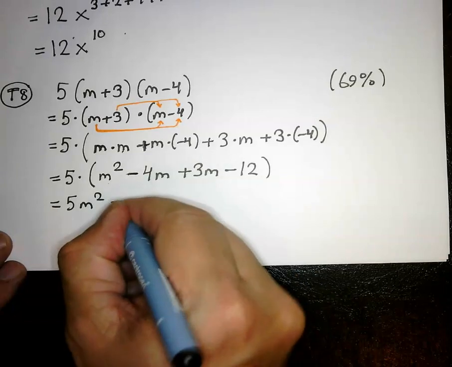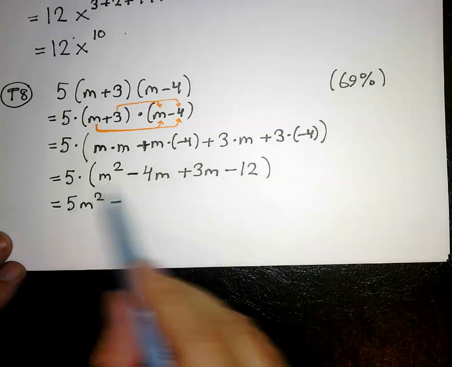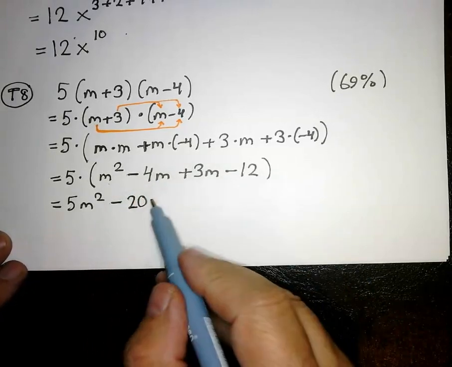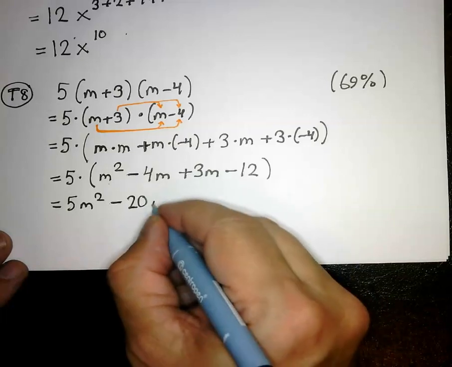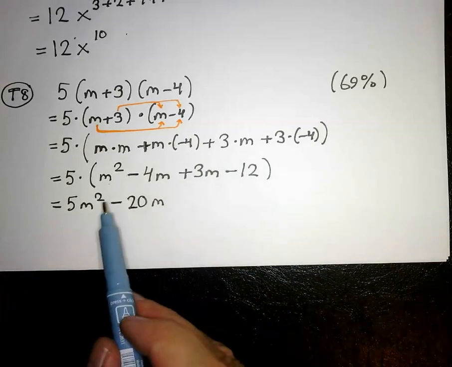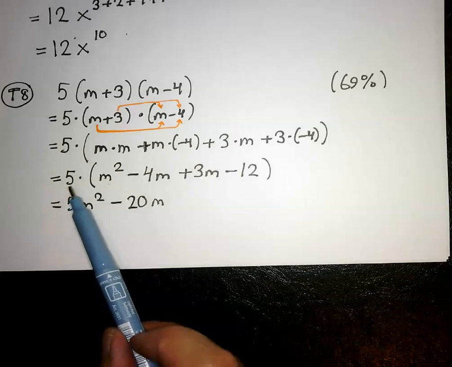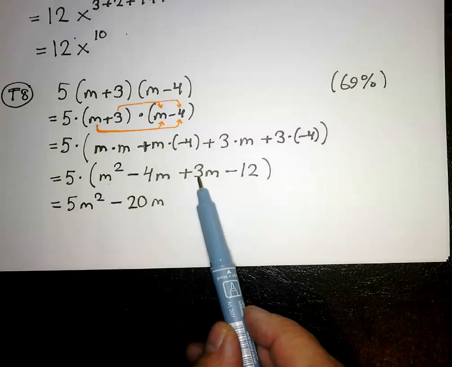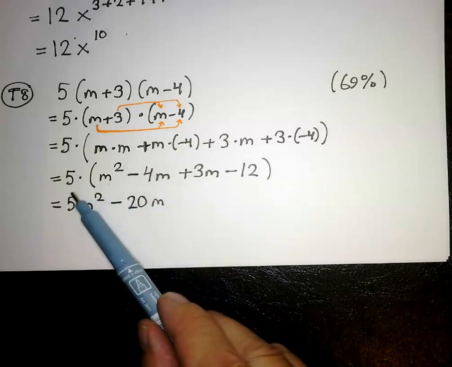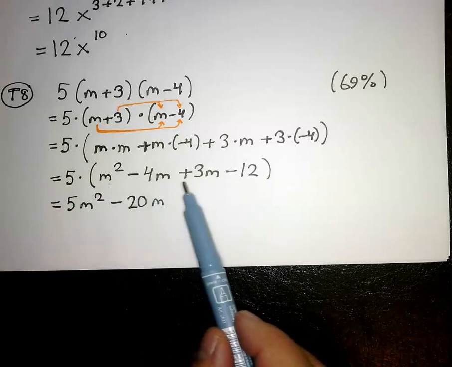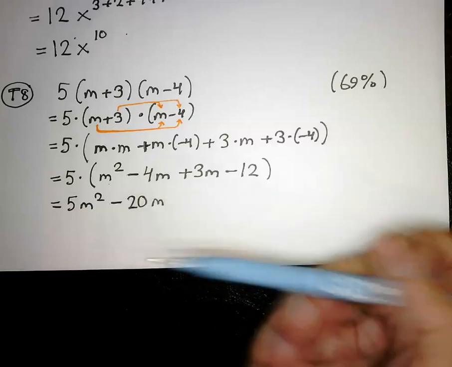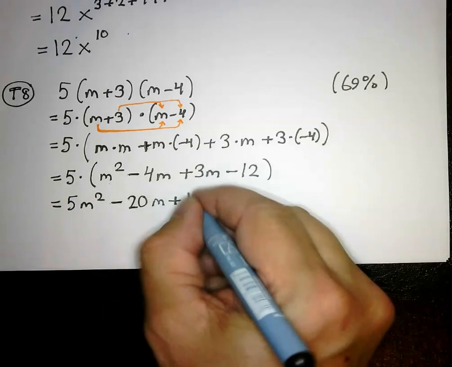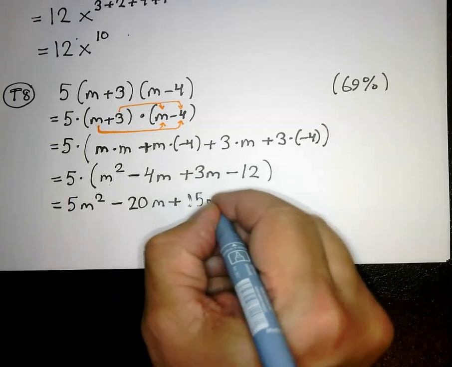So it is minus, 5 times 4 is 20, and the letter after it is m. Here we have 5, and it will be multiplied by 3m. They are both positive numbers, so it will be plus, and 5 times 3 is 15, 15m.